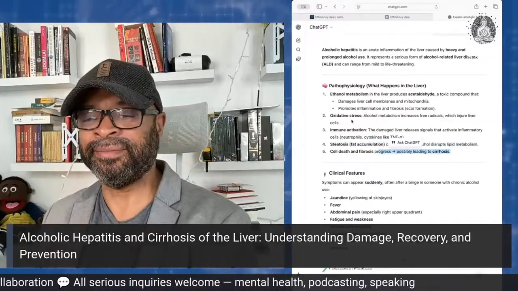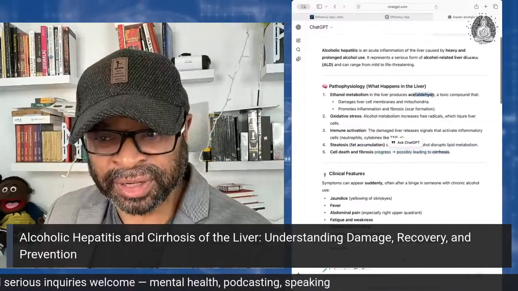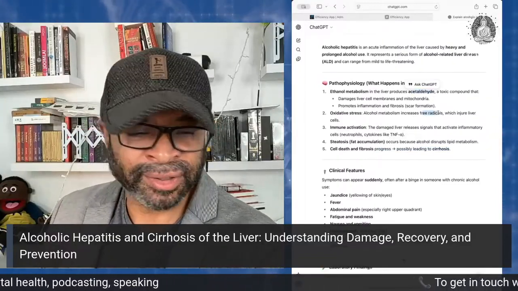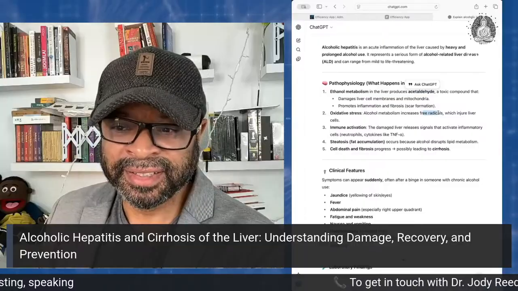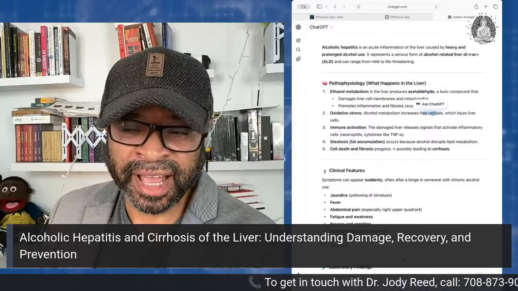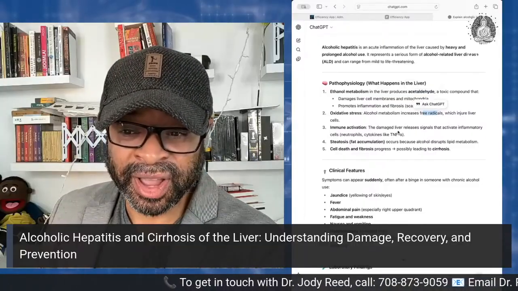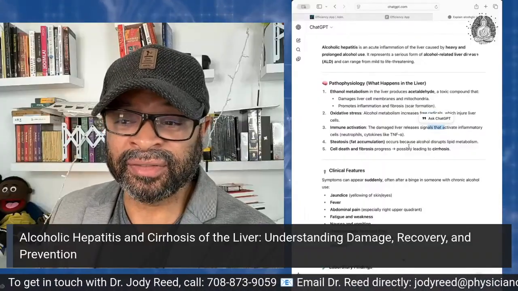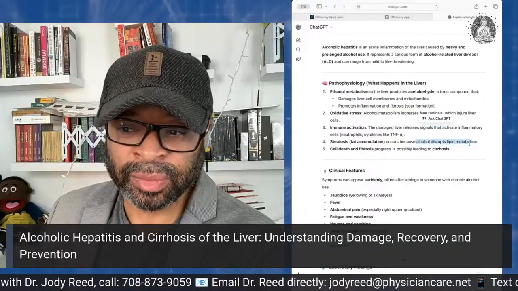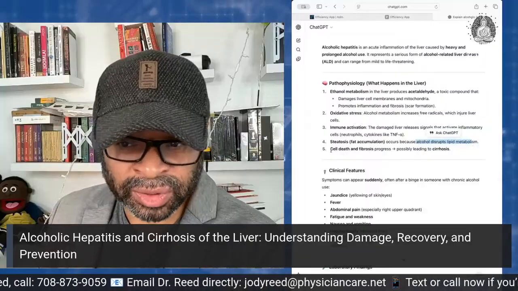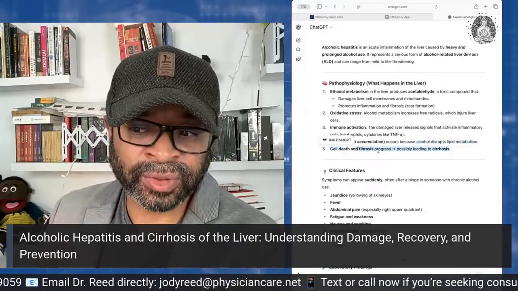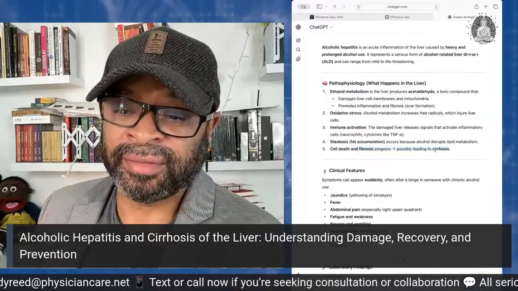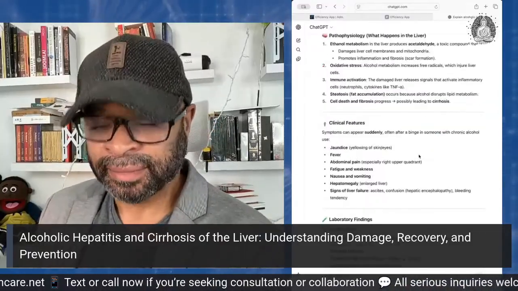The acetaldehyde buildup and the free radicals damage everything. Then the damage creates an immune reaction that leads to an inflammatory response that eventually results in disruption of lipid metabolism. All this results in cell death and then fibrosis, and that cycle continues until you have more cirrhosis of the liver.